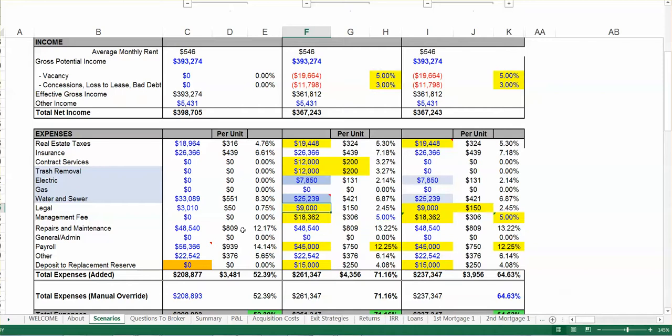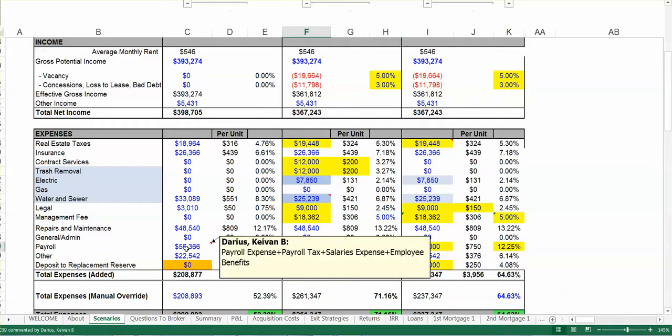And the management was also, it's possible I'm double dipping here as well. I had to put in a 5% estimation, which comes to this, and then I reduced the payroll. For the payroll, you had to calculate the total payroll. I added payroll expenses, payroll taxes, and salaries, and it comes out to about 56.